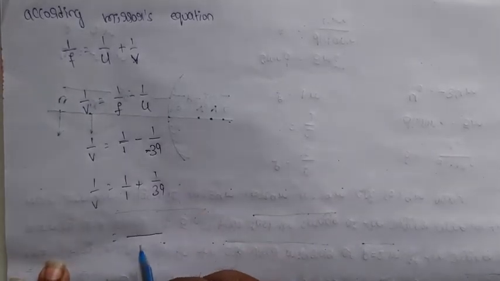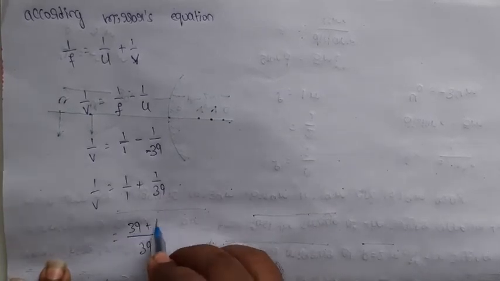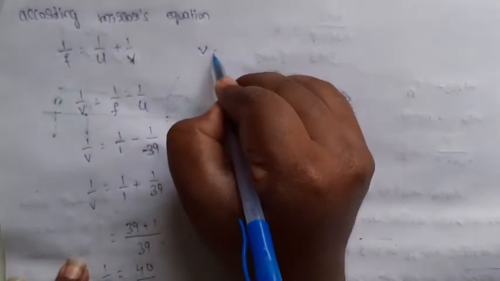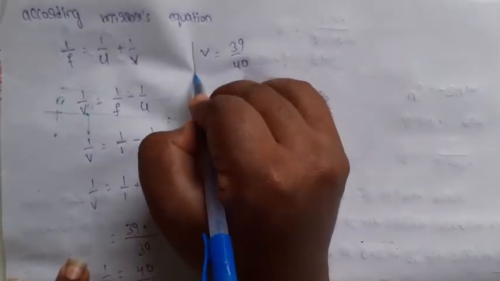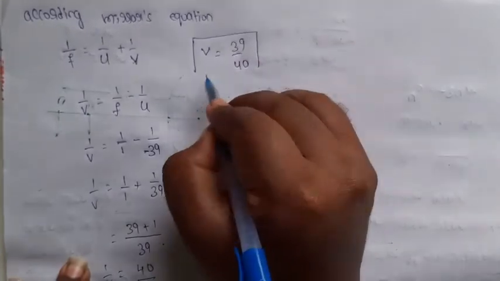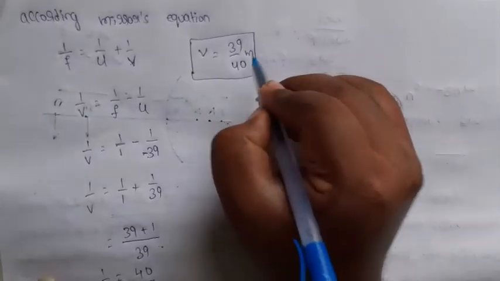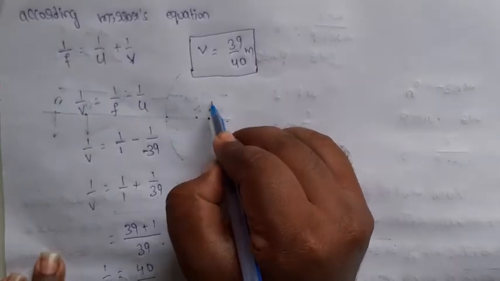So here LCM is 39. 39 plus 1, 40 by 39. So this is 1 by v value. I want only v value, 39 by 40. This is the v value. v means image distance. Units are meter.